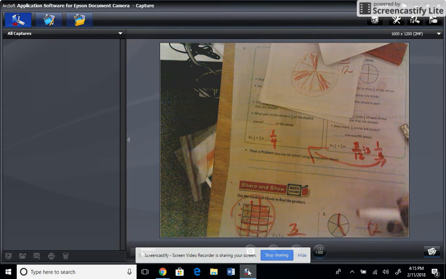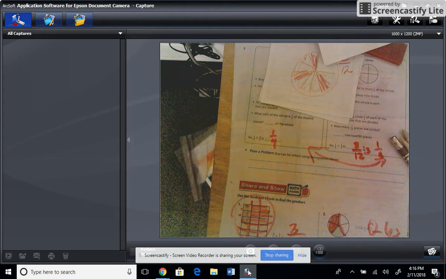Well, how did that happen? When I multiply, I get 6/15. If I simplify that, I know they're both a factor of 3, because 3 times 2 is 6, and 3 times 5 is 15. So I get 2/5.